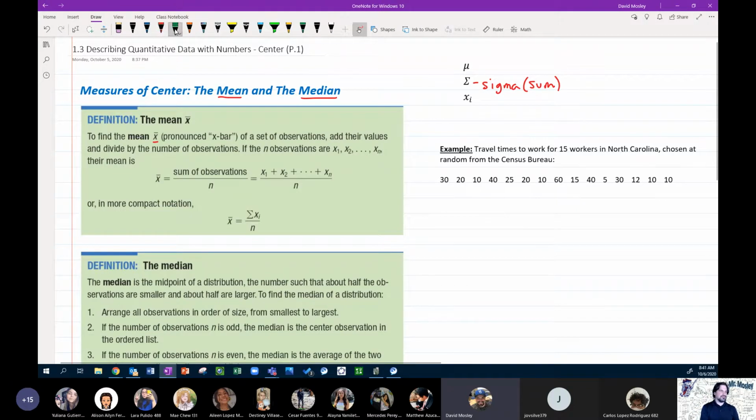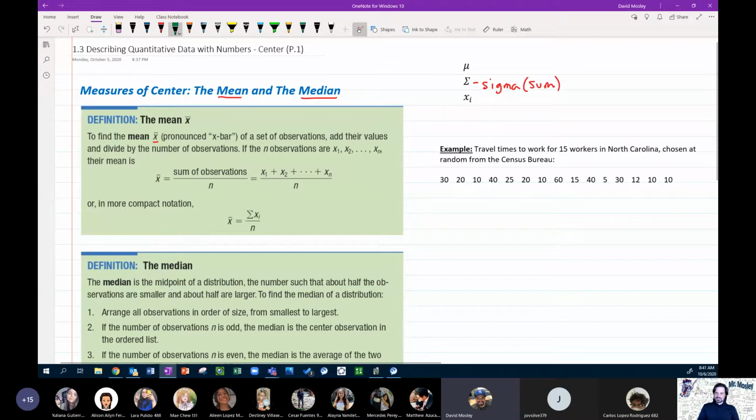So with the mean, we can do this example here. We have travel times to work for 15 workers in North Carolina, chosen at random from the Census Bureau. We have 30, 20, 10, 40, 25, 20, 10, 60, 15, 45, 30, 12, 10, and 10.